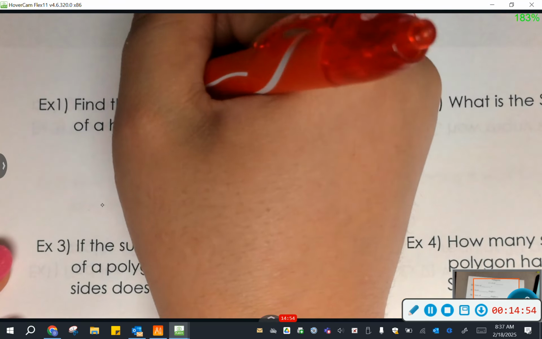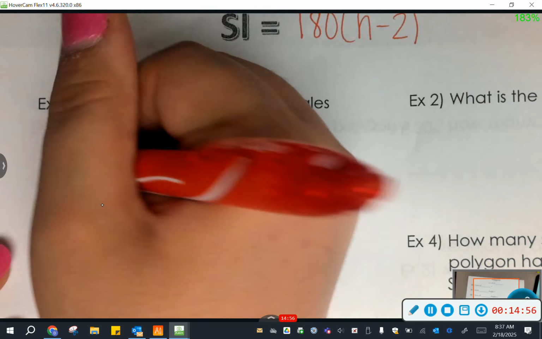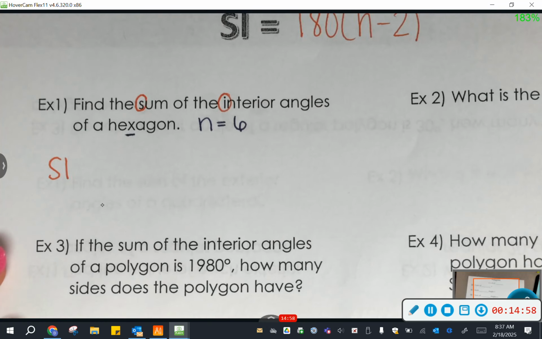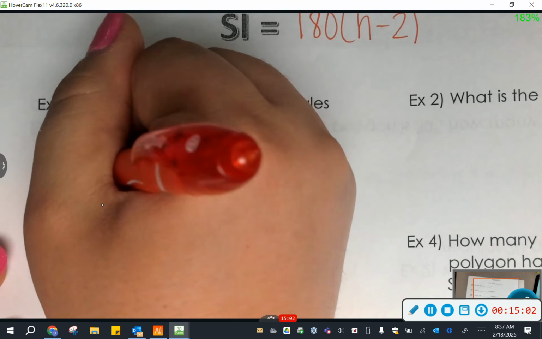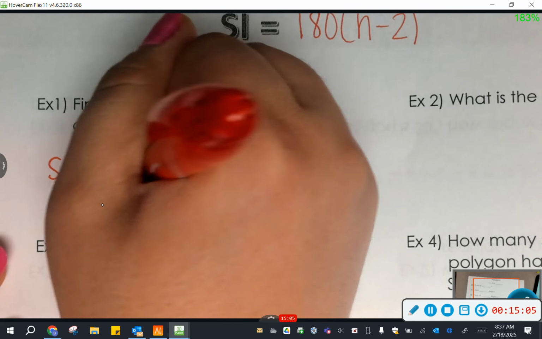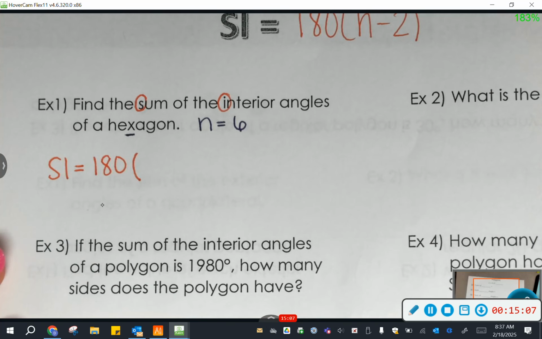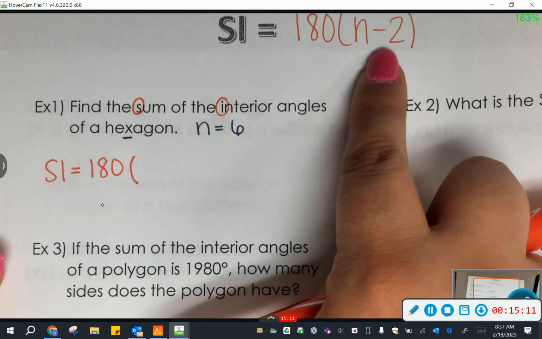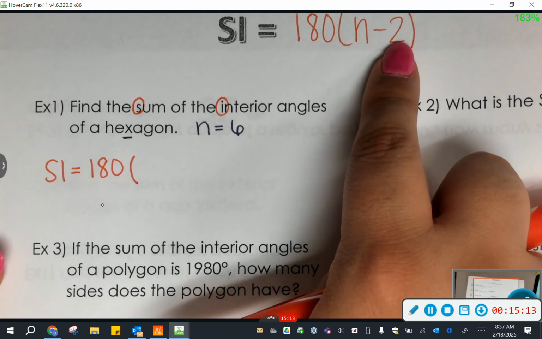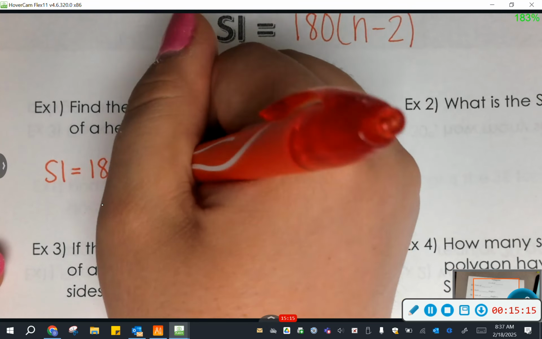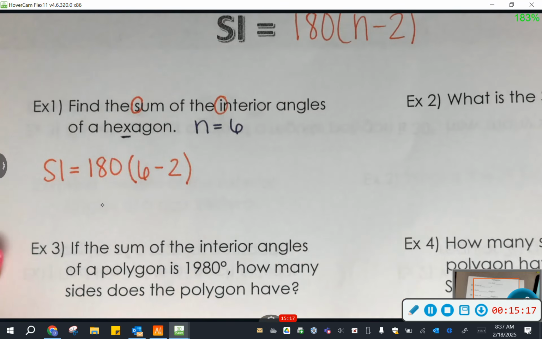Well, it says the sum of the interior. That's my SI. We okay? And I'm going to do 180 parentheses. What do we write in the parentheses? N minus 2. What's my n here? 6 minus 2.